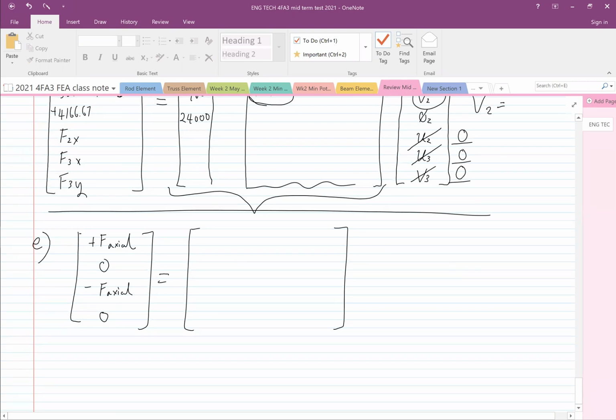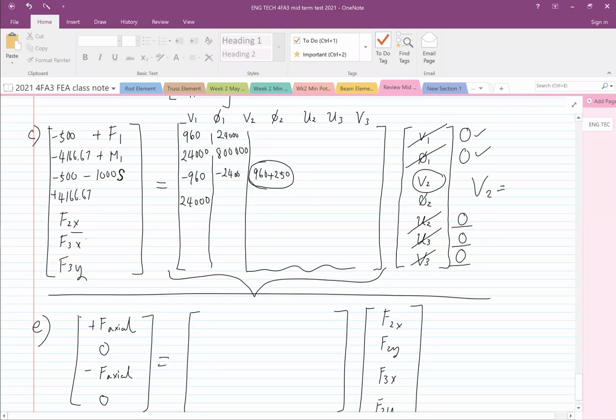Which is the T. So what you do is you solve for F2x, F2y, F3x, F3y. Get them from the equations.